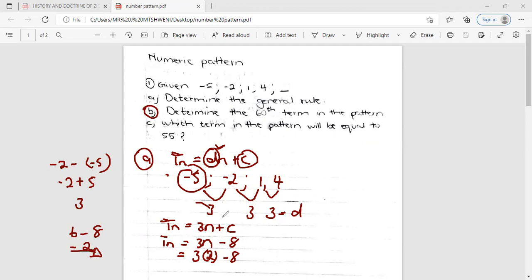But before I continue, I want to give you another way, because not everyone will find this easy. After you found D, which is 3, the other way in which you can find the rule is to say 3n plus C. Then from here, you take term number 1 as an example, this one.